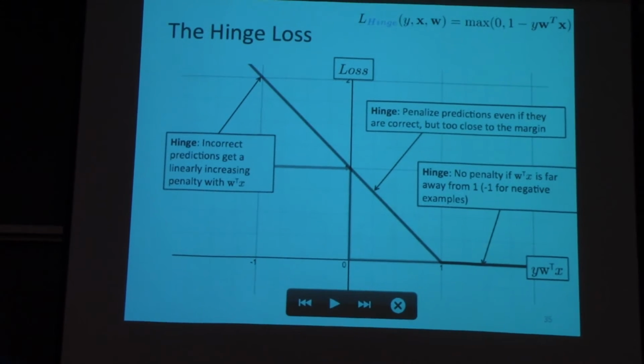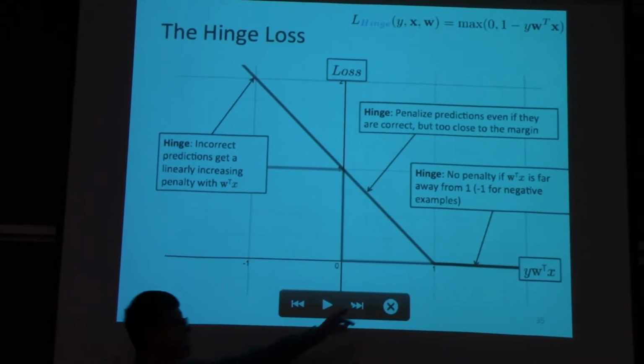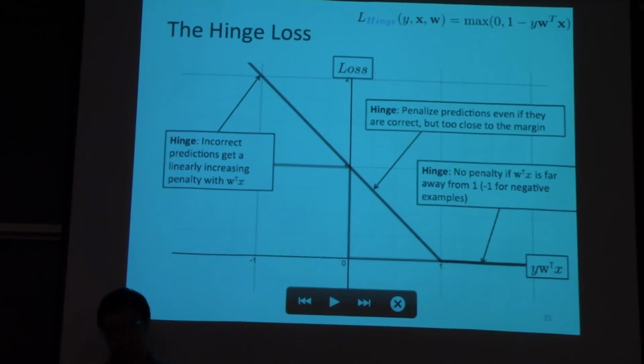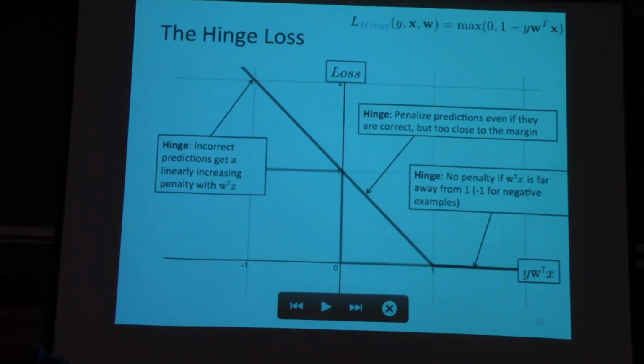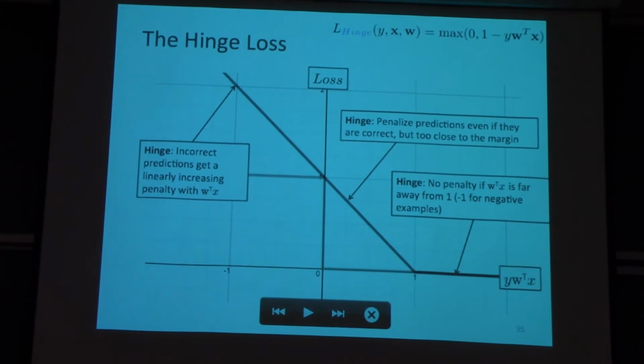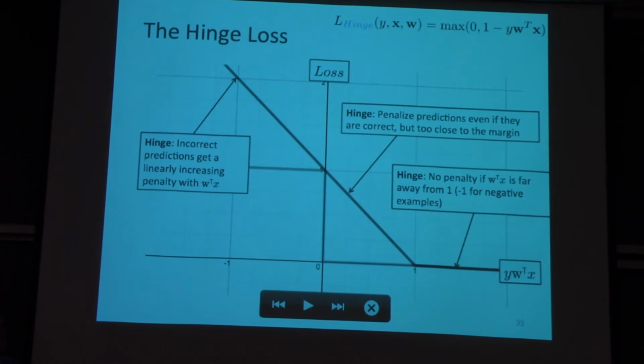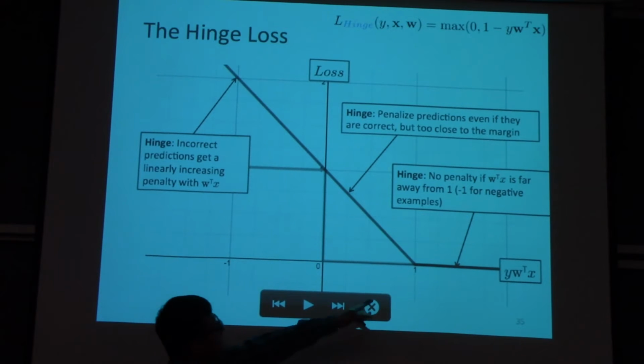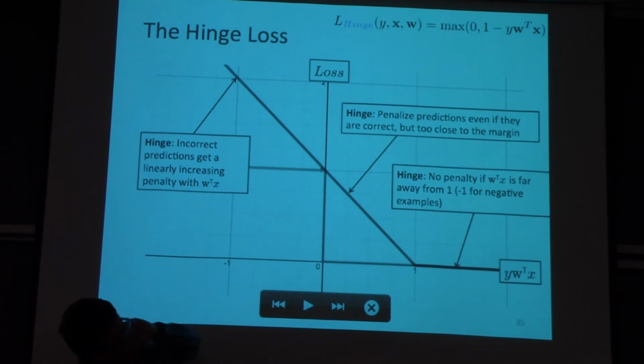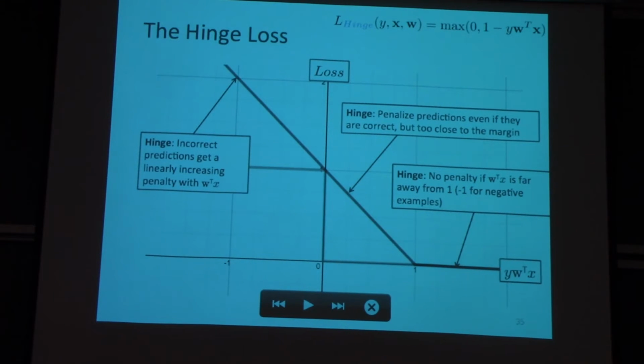So if y w x is bigger than 1 here, the loss would be 0. On the other hand, if y w x is less than 1, then you have to introduce a loss. And the smaller the y w x, the bigger the loss. So as you move away from 1, go to the negative side, you have more and more loss. And the loss is linear in terms of y w x.